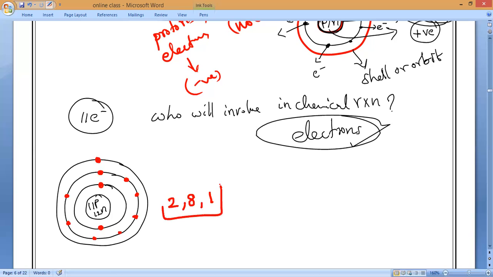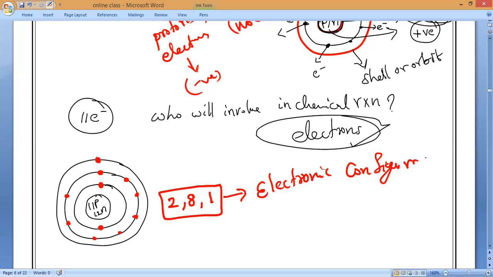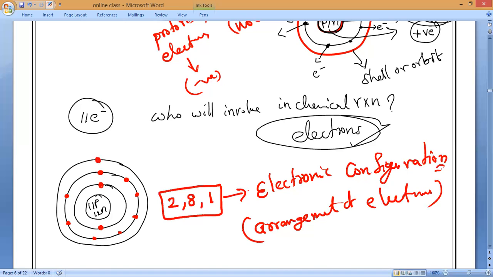This is what we'll study in the 4th chapter, known as electronic configuration. Electronic configuration means the arrangement of electrons.